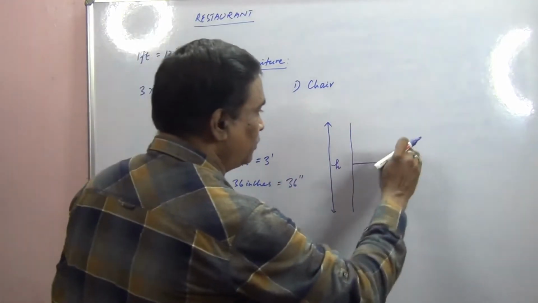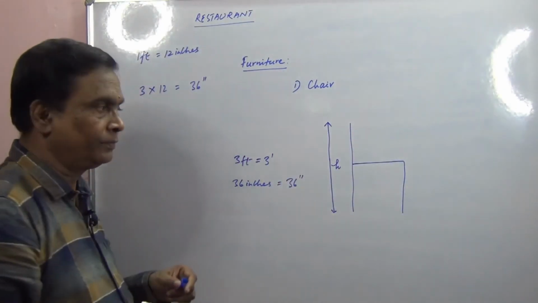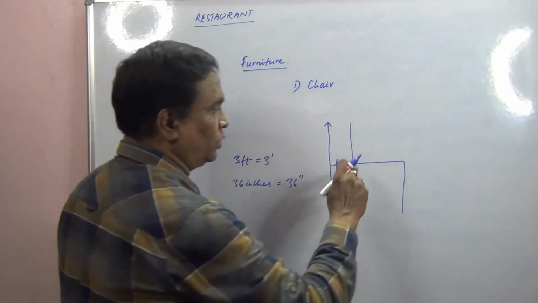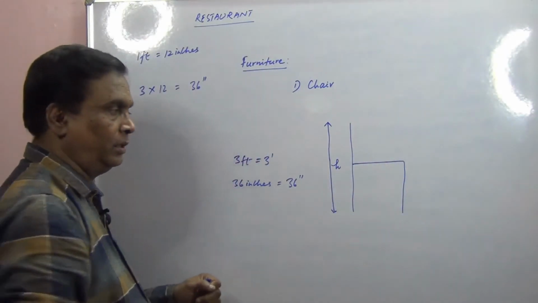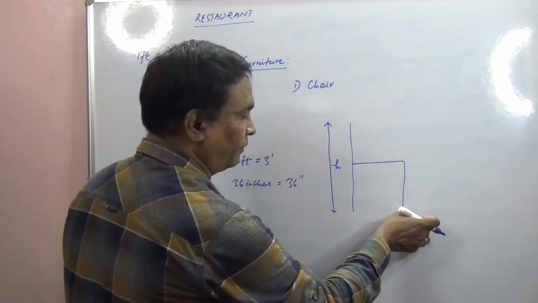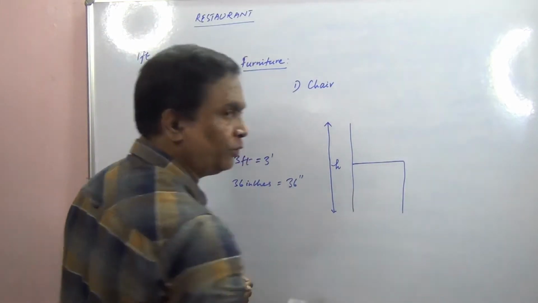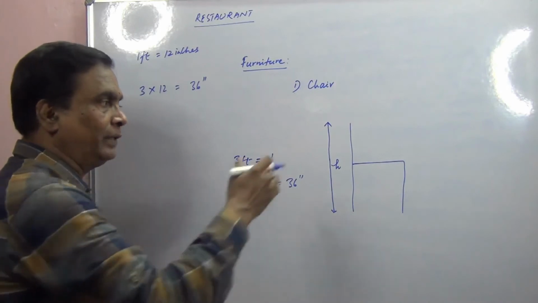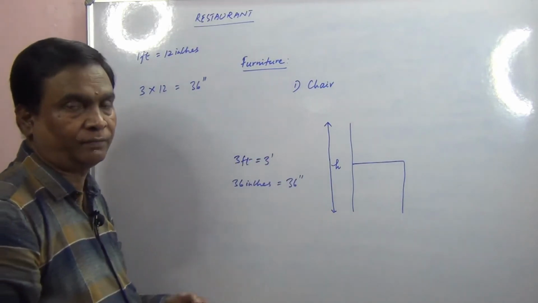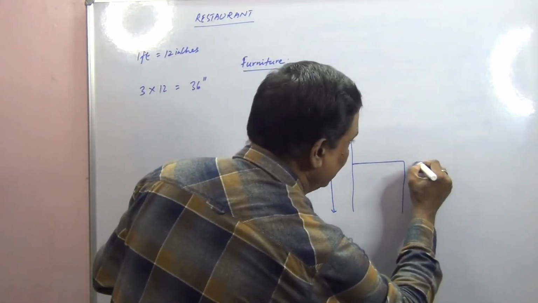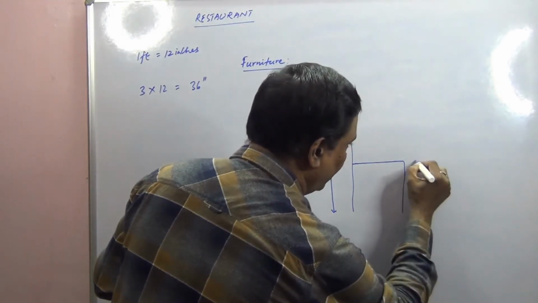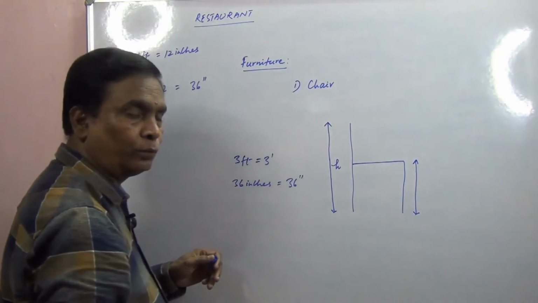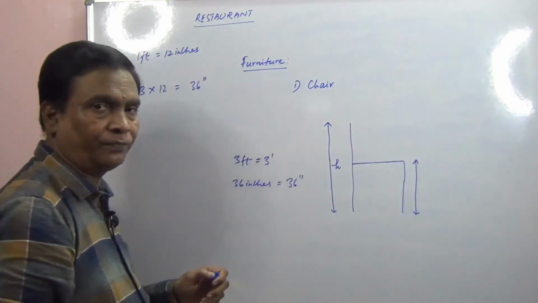And we also have other dimensions here. So this is called the seating position. From the base or floor up to the seating position, we have to calculate what the height is. So here we can calculate the height from the base, or you can say from the floor, up to the seating position.